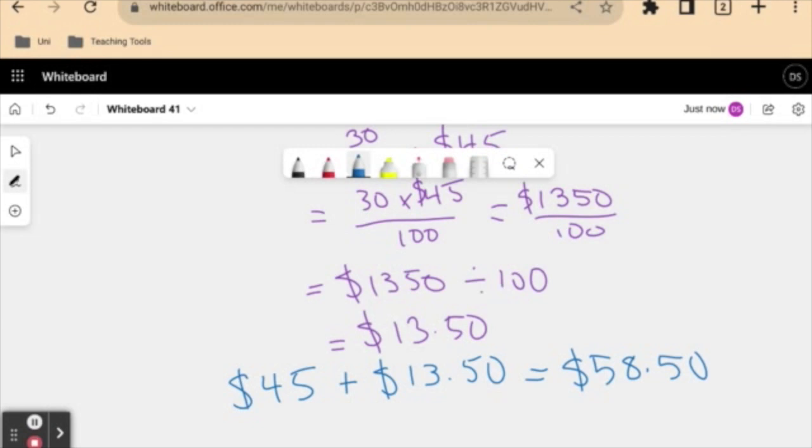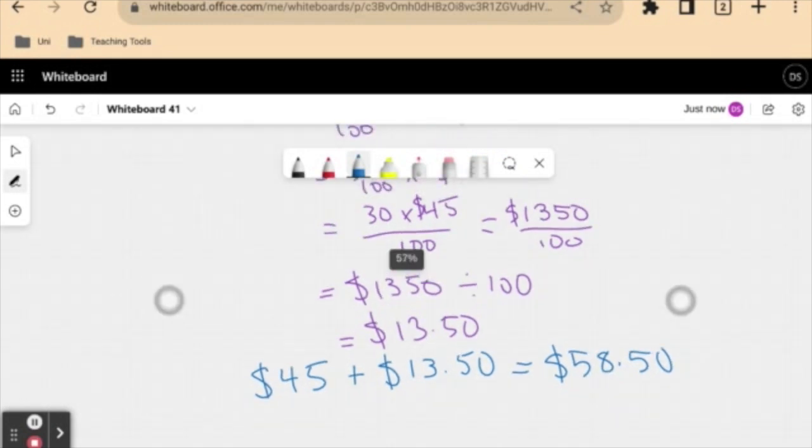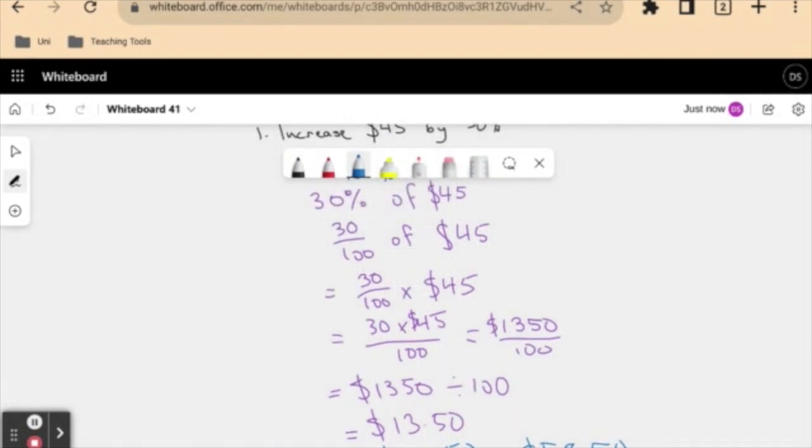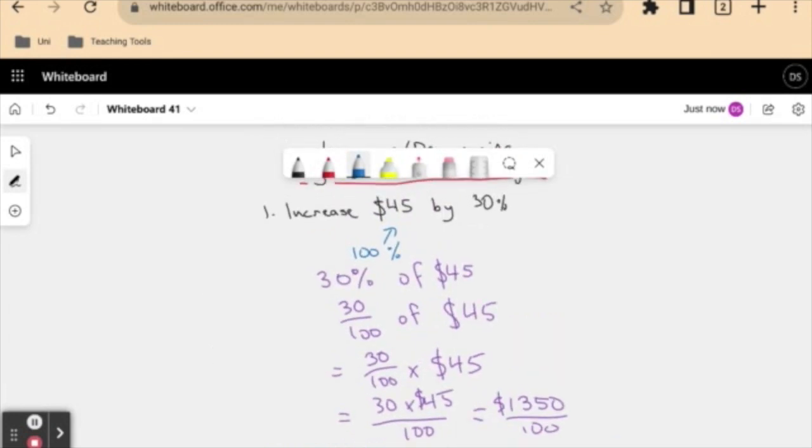Let me double check that. Yep, that's all correct. Now, this was a lot of work, but it is an easy way to look at this. We can first find the percentage of our quantity, and then just add it here.